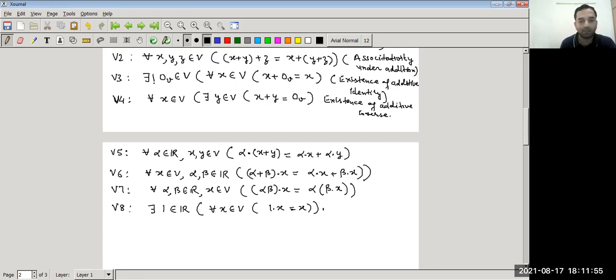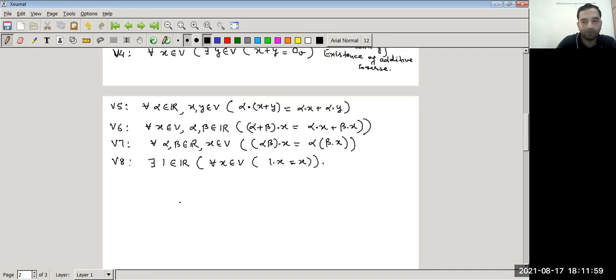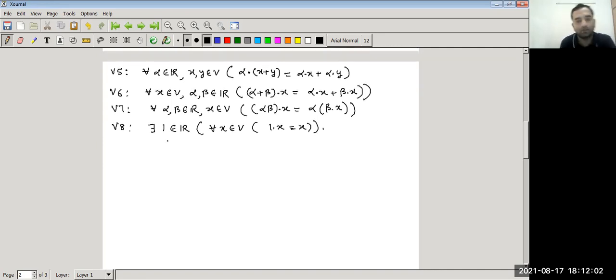So 1 belongs to the field. One is the unit element of the field, and the field is the real numbers. So one is the unit element of it.